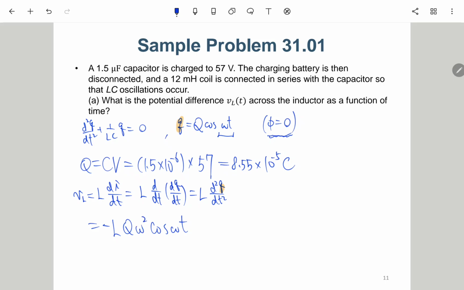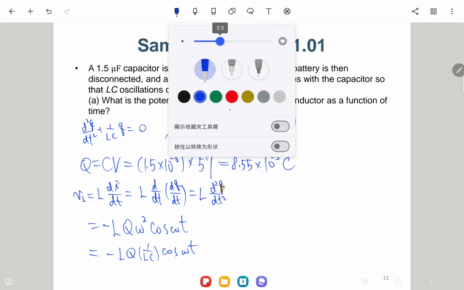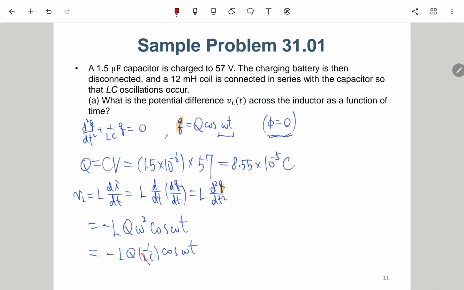So it becomes negative LQ, and omega squared is nothing but 1 over LC, times cosine omega t. We can cancel this L with this L, so it becomes negative Q over C cosine of omega t.